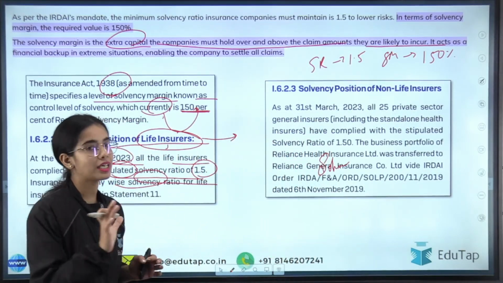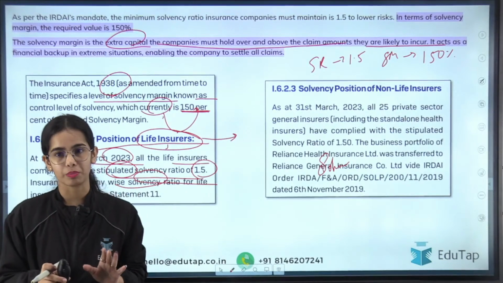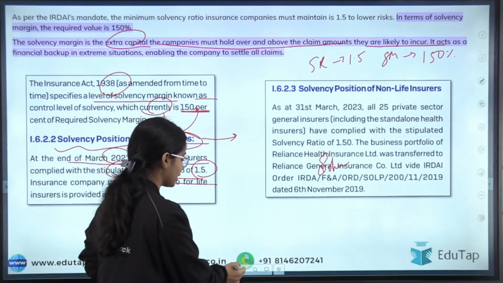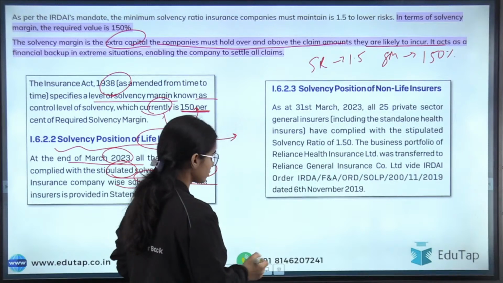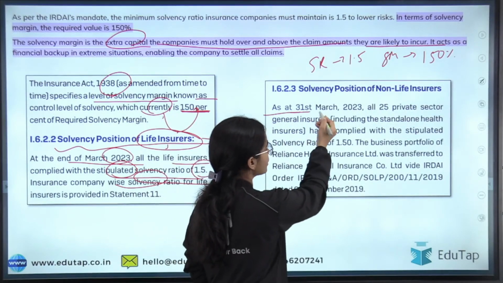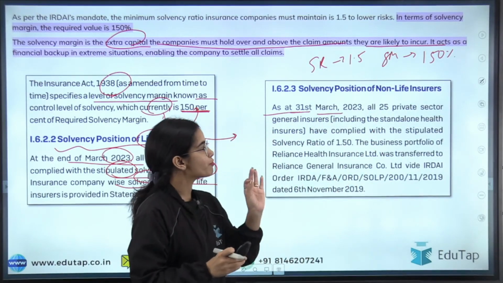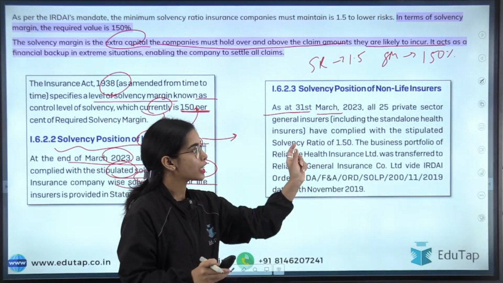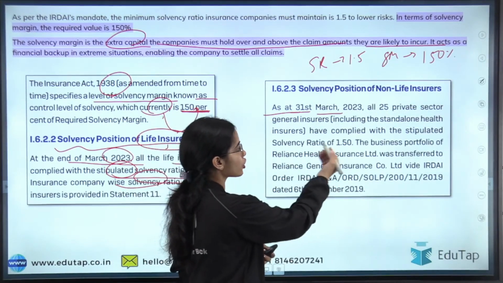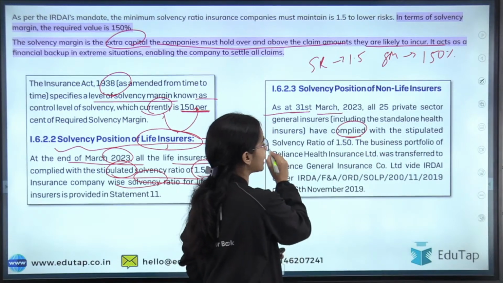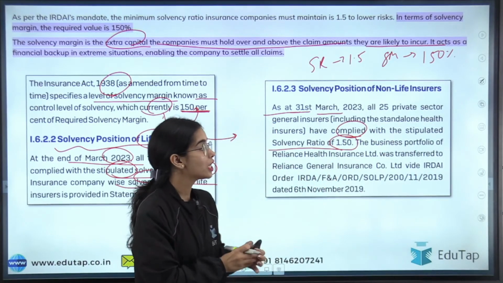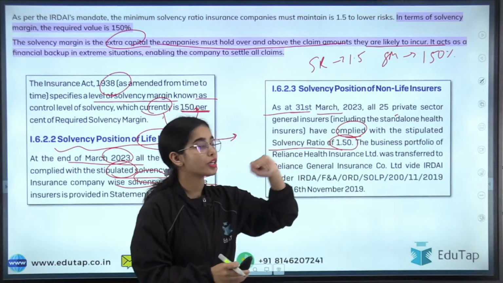Now coming to non-life insurers, here you will see the problem. As at 31st March 2023, all 25 private sector general insurers, including the standalone health insurers, complied with the stipulated solvency ratio of 1.5. What about the public sector general insurers?